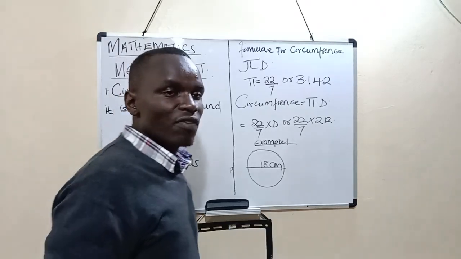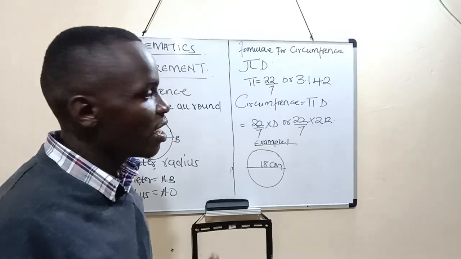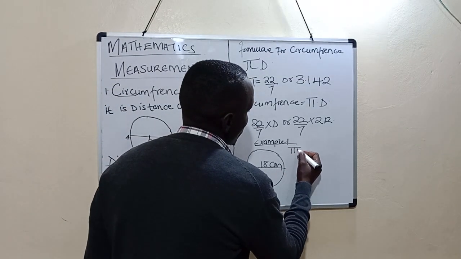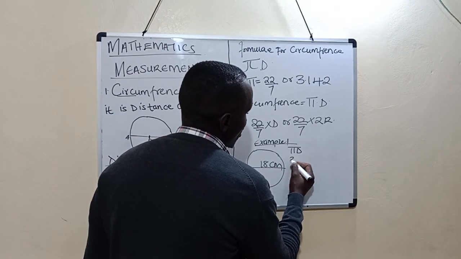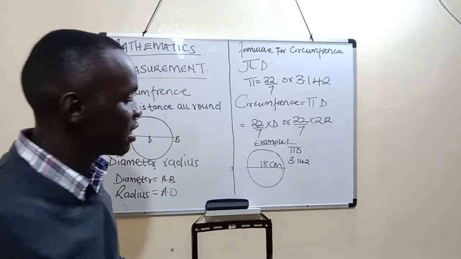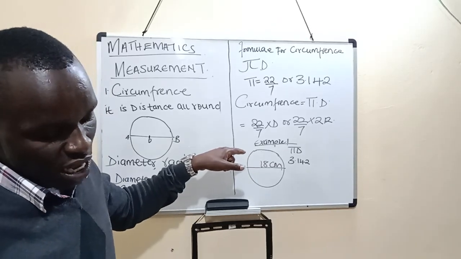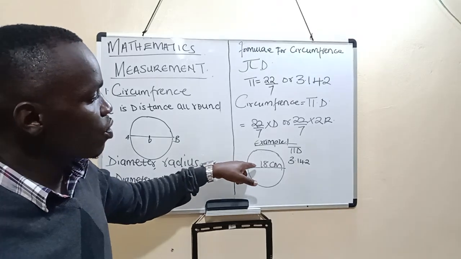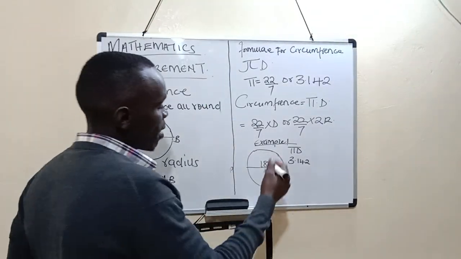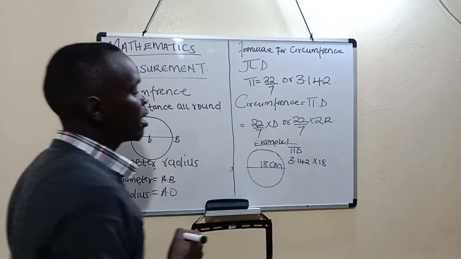Now, the circumference in this case is given by pi d, which is 3.142. Because 18 is not a multiple of 7, I will use this pi multiplied by 18.